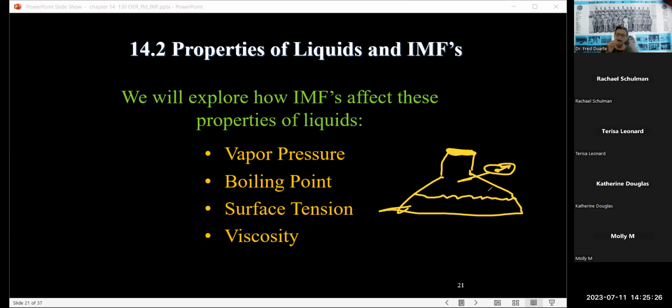What is happening there is that the liquid is absorbing the energy you put into the system and using it to break up the intermolecular forces between the molecules to cause the liquid to go into the gas phase. If that force is strong, it's going to take a higher temperature to boil. Water boils at 100 degrees Celsius, so it takes a lot of force and energy to break up that liquid to go into the gas phase.